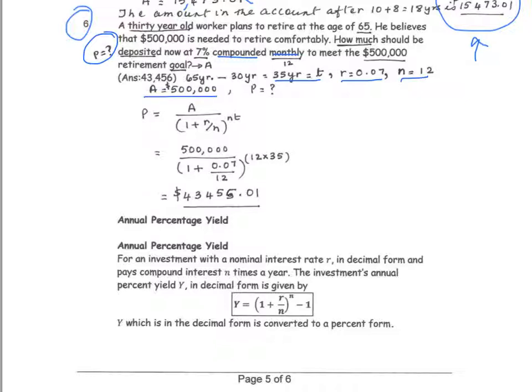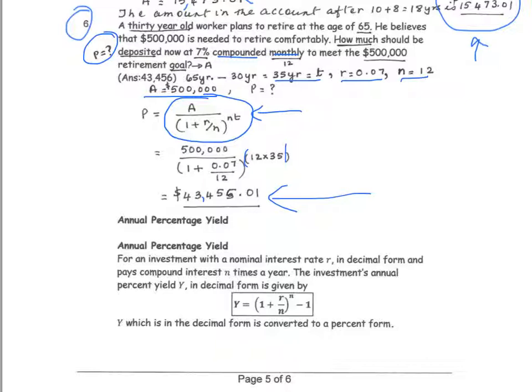His goal, the amount he wants to withdraw from the account at the end of 35 years, is 500,000. What we need to figure out is the present value of the money, what we need to deposit now. So I just use the formula for P. It's 500,000 divided by 1 plus 0.07 divided by 12, to the 12 times 35. Plug it all into the calculator, and this is what we get.